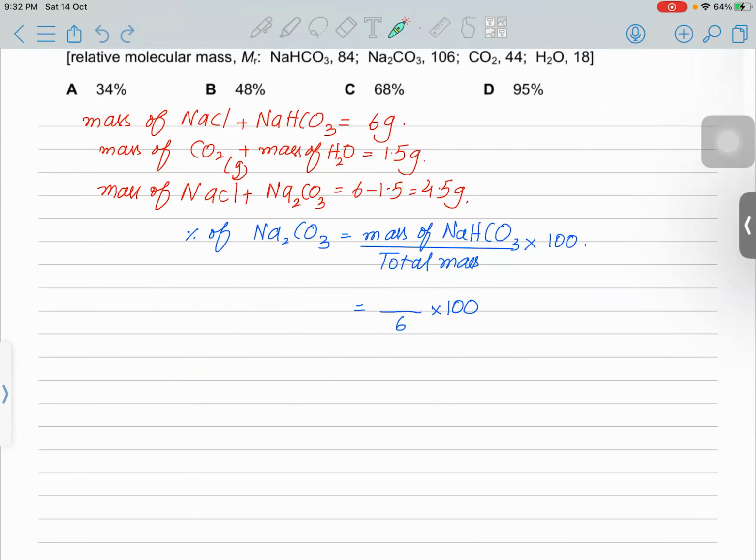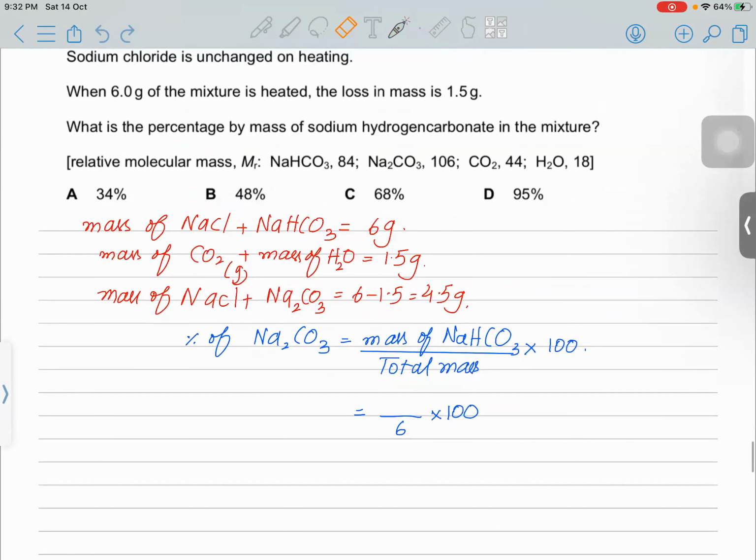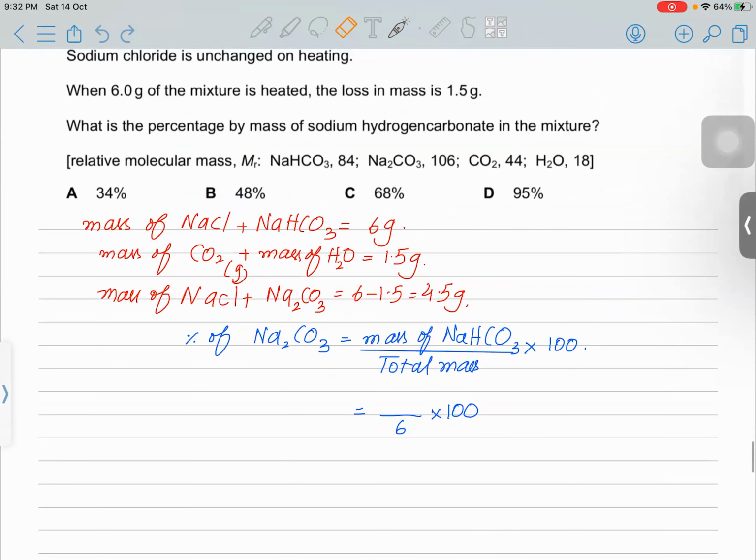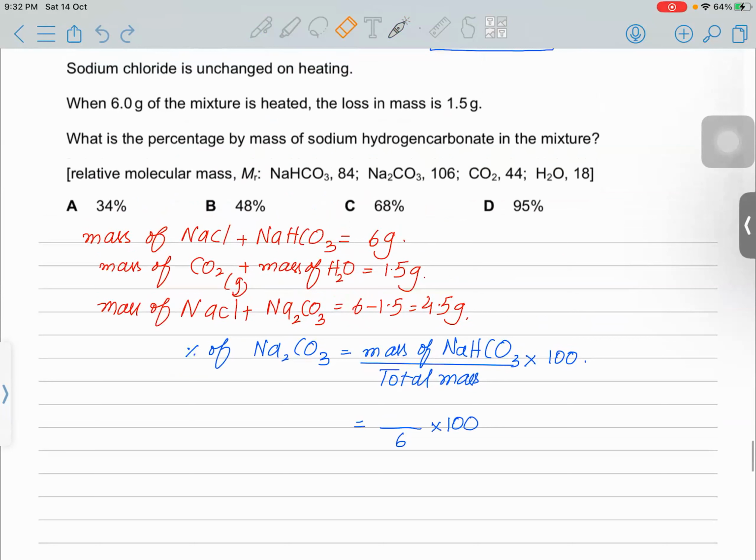So first 6, total mass is 6 gram, loss in mass is 1.5 gram. Definitely this loss is because of the water and carbon dioxide, right?